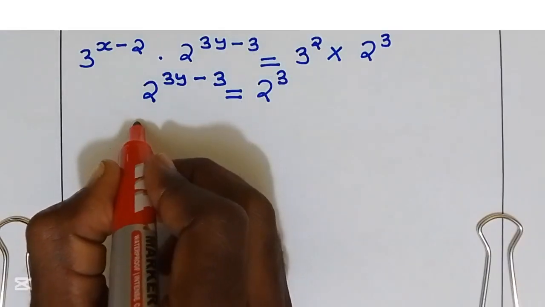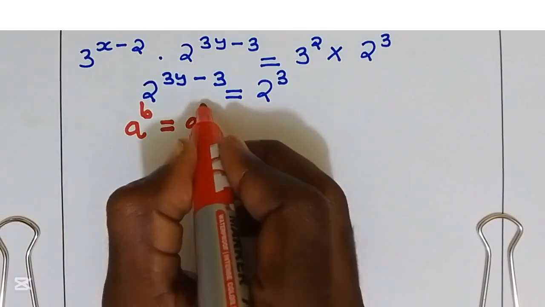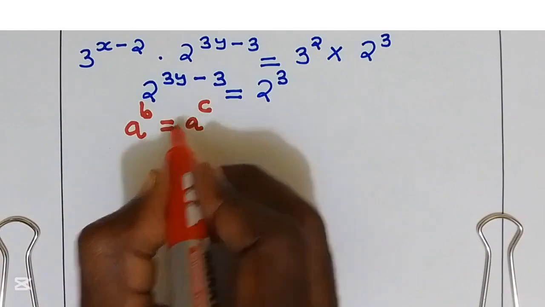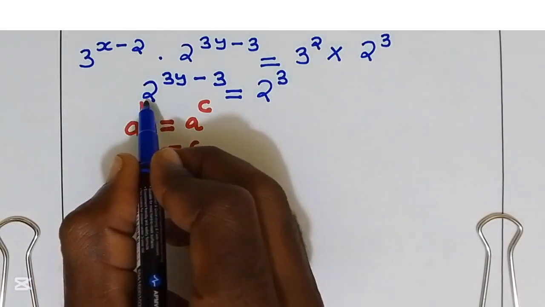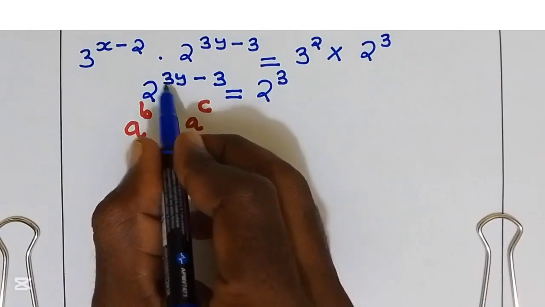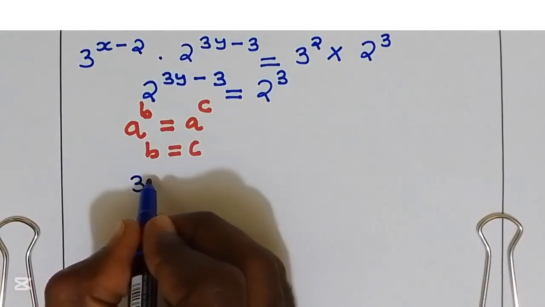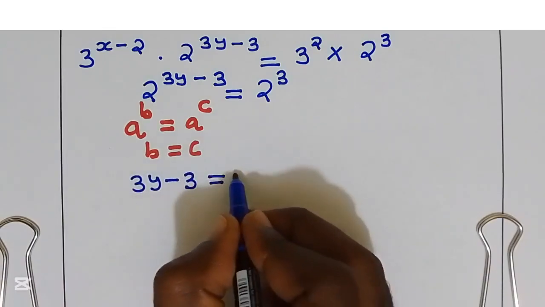If we have a power b equal to a power c, and the bases are the same, the exponent is the same. Now b is equal to c. The same way, here we have a base of 2 and here we have a base of 2. So the exponents are equal. Now 3y minus 3 is equal to 3.